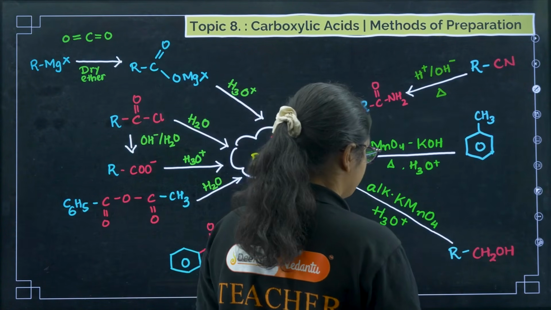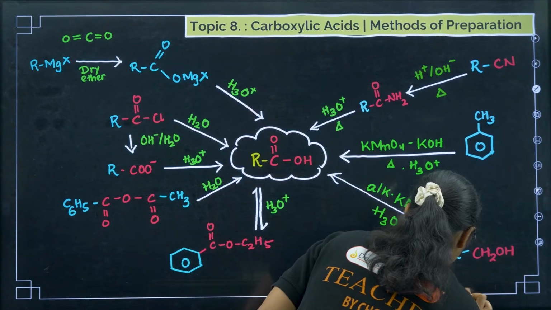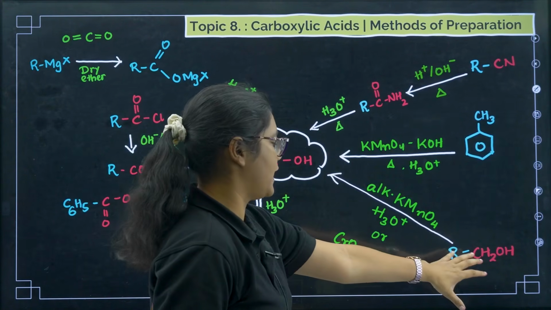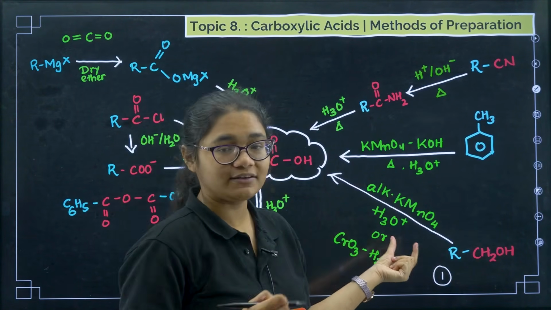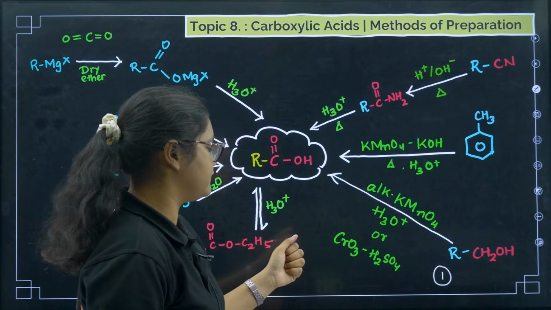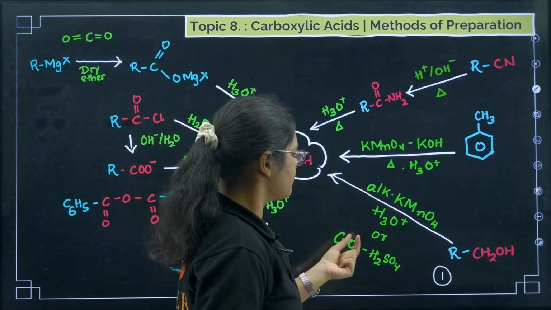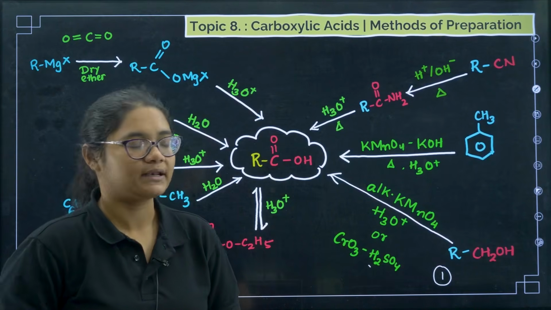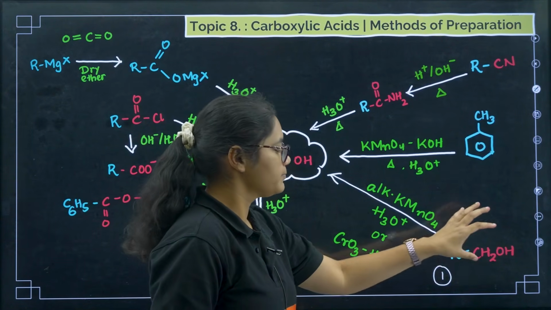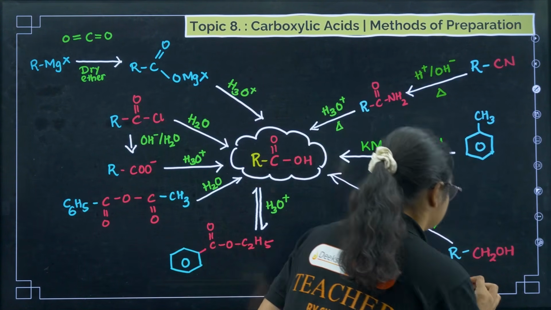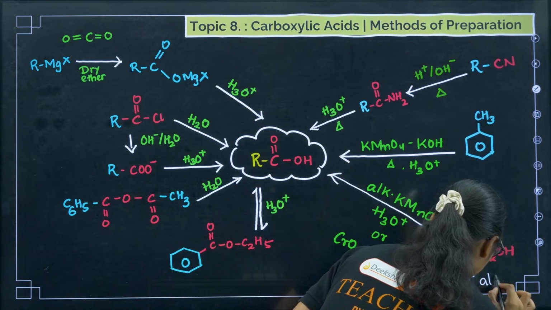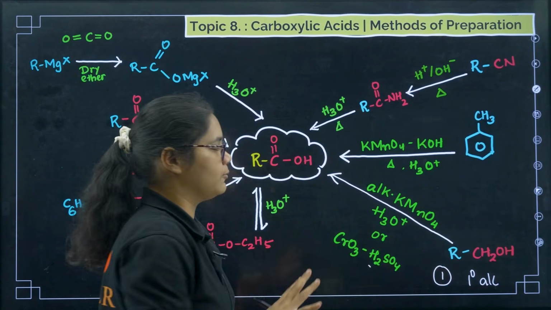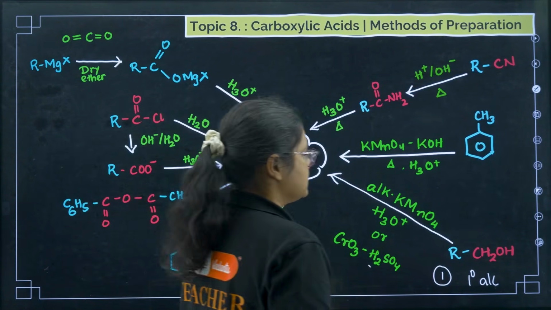If you use any strong oxidizing agent like alkaline KMnO4, CrO3 H2SO4 or even K2Cr2O7, these will convert primary alcohols, and you should remember it is primary alcohols, to carboxylic acid.